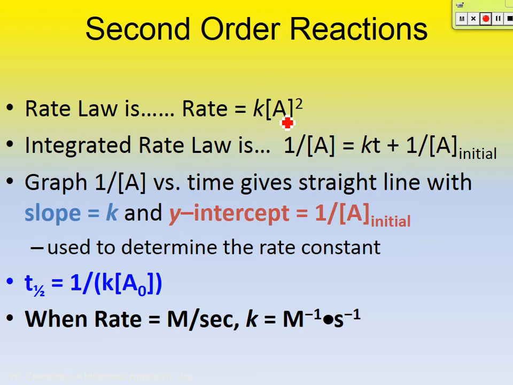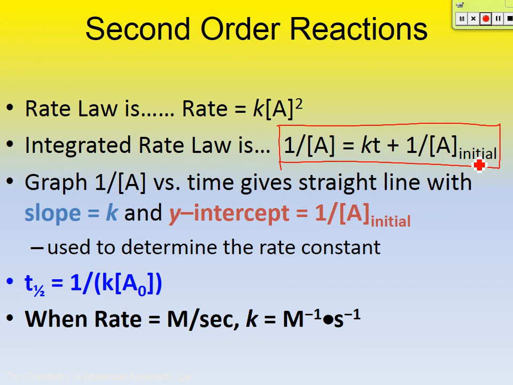Now if you use calculus on this rate law equation and integrate it, you're going to get the integrated rate law for a second order reaction, which would be 1 over the concentration of A at some time is equal to kt, rate constant times time, plus 1 over the concentration of your reactant initially.